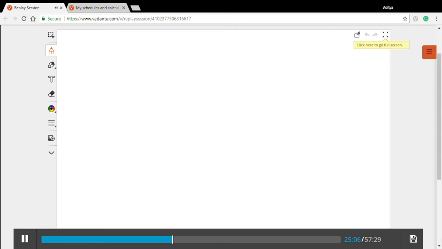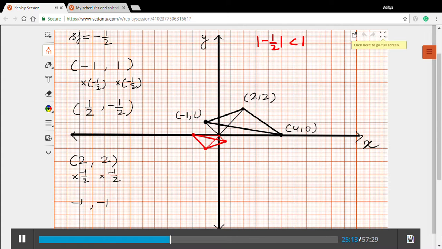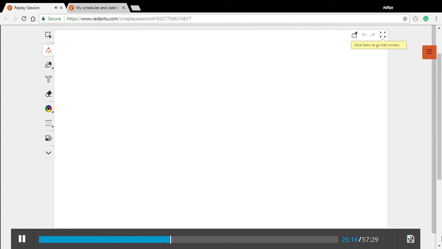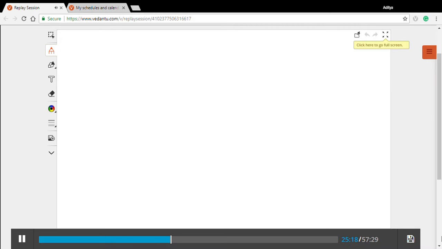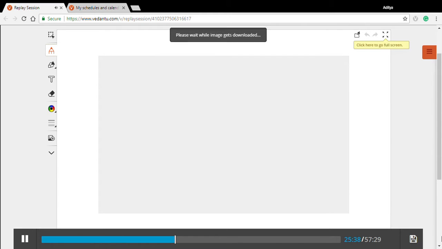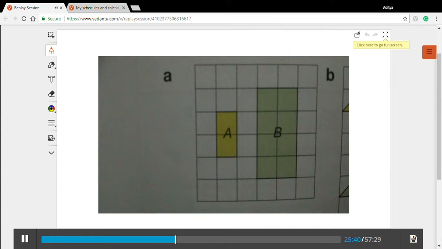Yeah, it's connected now. Okay, I'll upload an image now. We'll begin with the first one first of all. It's uploading. Yeah, that's the diagram. Can you see the image on the board?